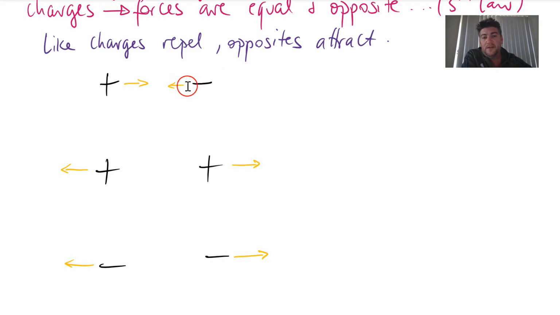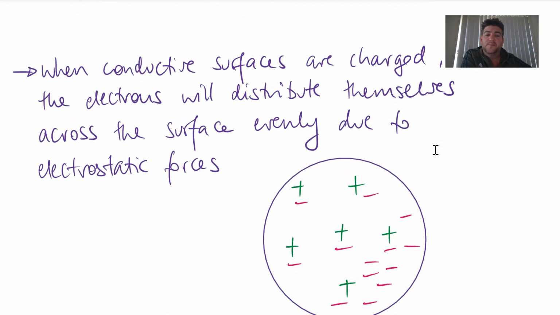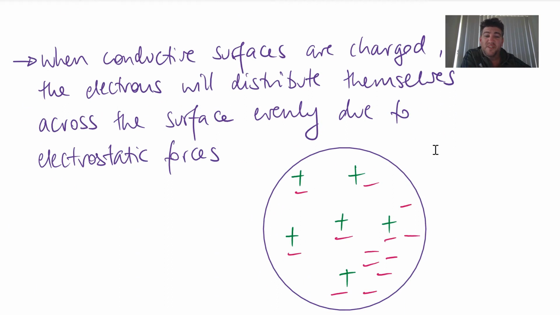This repelling and attracting force will actually cause the free electrons, I guess, to wander around the place and distribute themselves, not like this. This is how it might start. You might have something negative over here charging this conductive surface negatively, and what will end up happening is these will start to move so that we have a more even distribution of this charge over the surface.